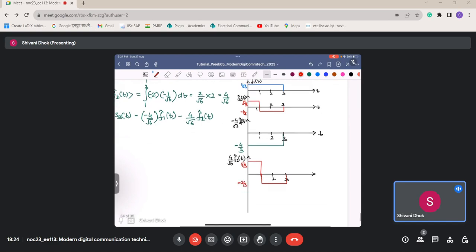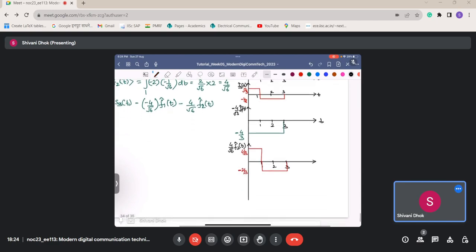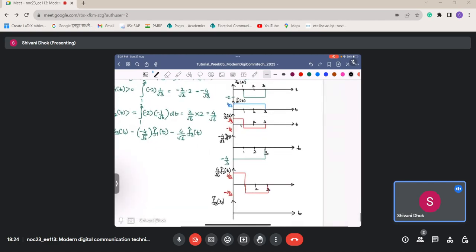Okay. So now what we need to construct here at last is this F3 tilde of T, and F3 tilde of T will be basically subtraction of these signals, like we'll have to subtract this and this from this S3 of T. So let us look point by point.